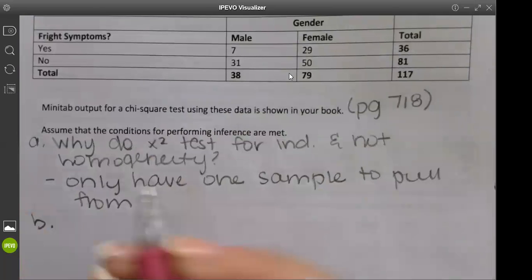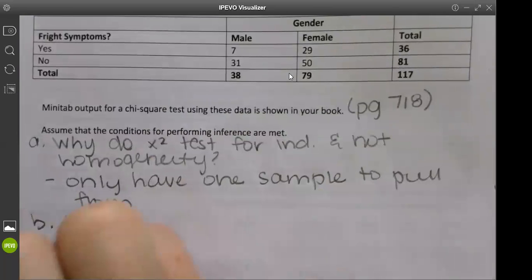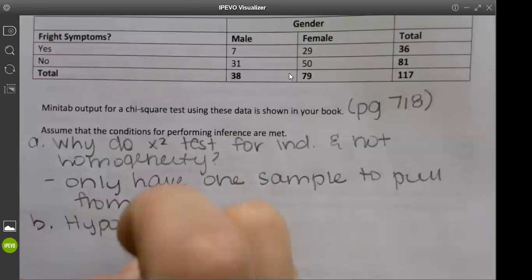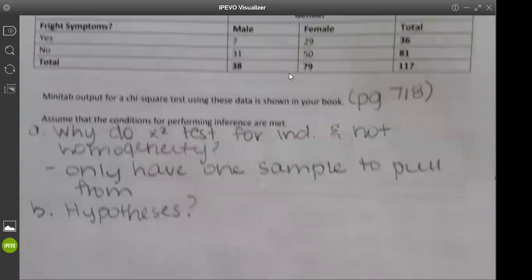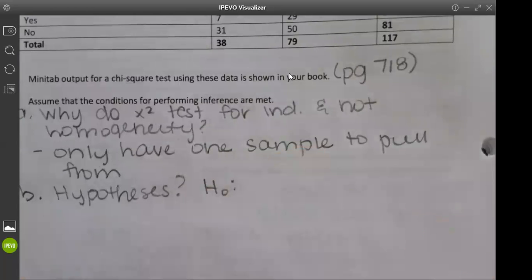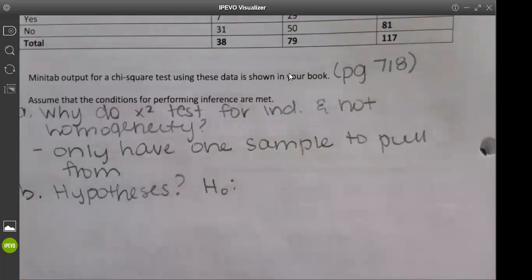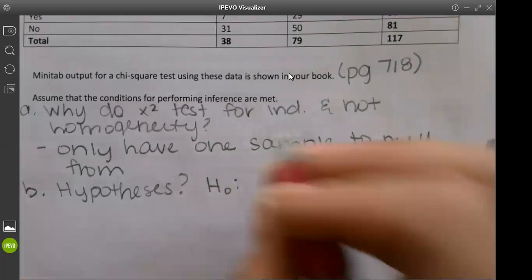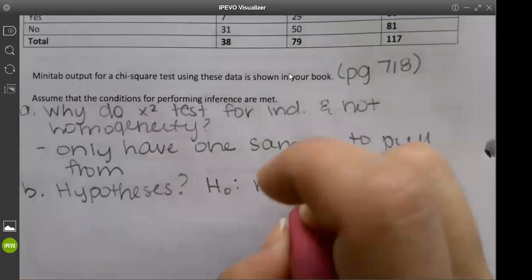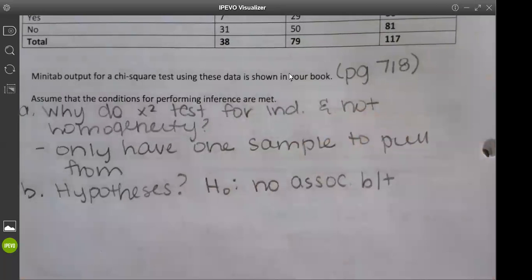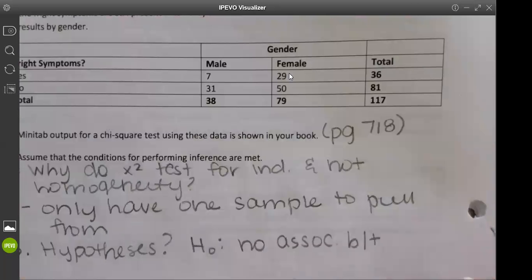Our B question is state your hypotheses. So what would your H sub O be? Between what? What two things were we checking out?